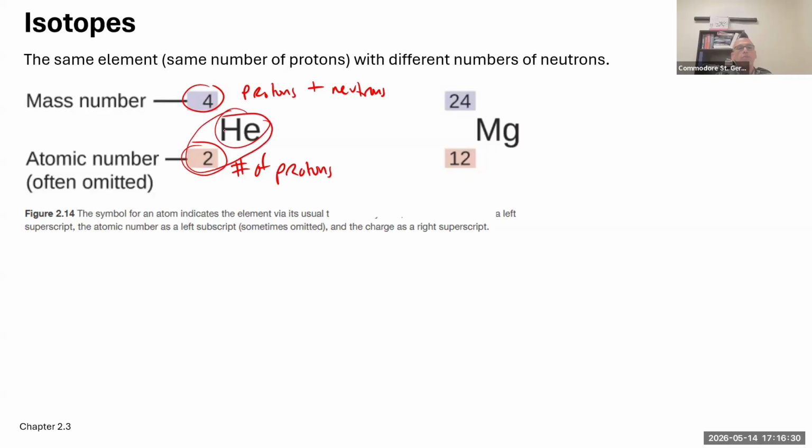We know that helium is always 2 protons. We know magnesium is always 12 protons. But this mass number, if we subtract the number of protons, 12 protons, that's going to equal the number of neutrons.